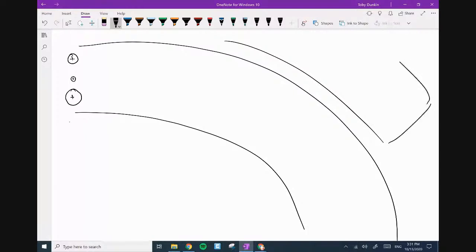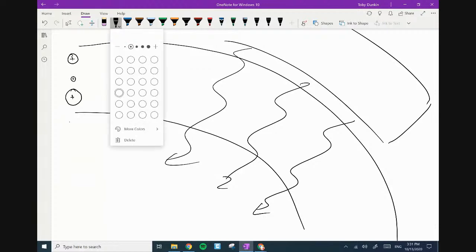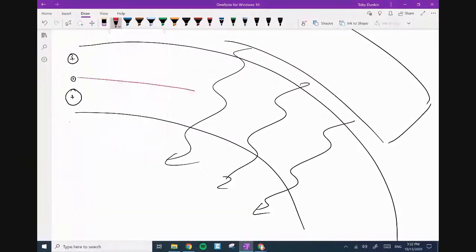Now, what's going to happen? The magnetic field is set on a strength. Let's choose the tiny one first. Right, here's the tiny one. What we're aiming for is to get it down here. So the little one didn't make it.